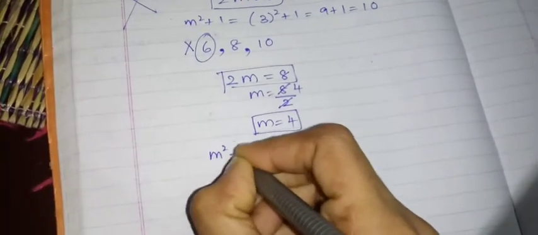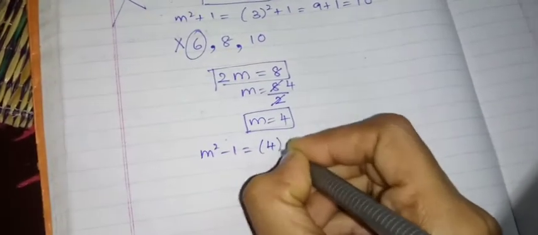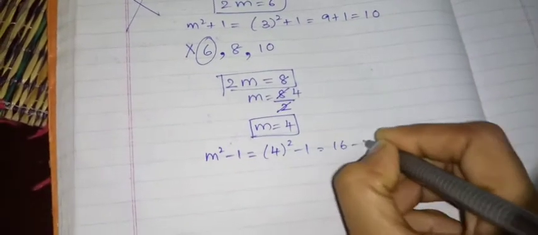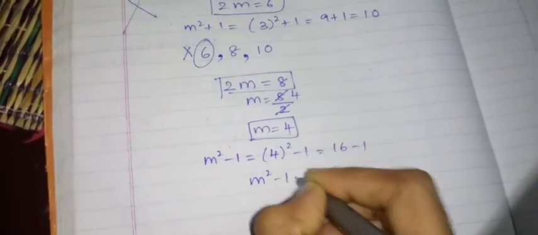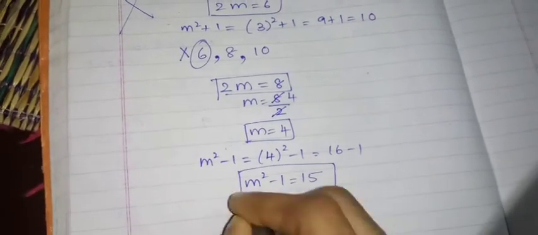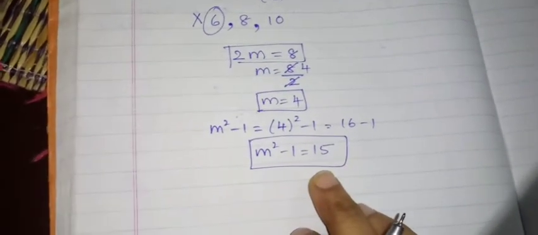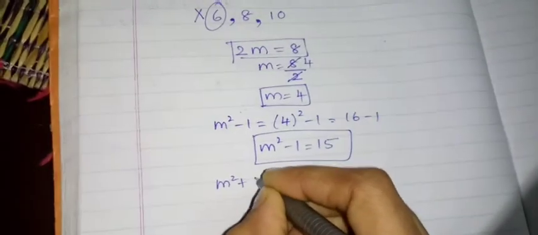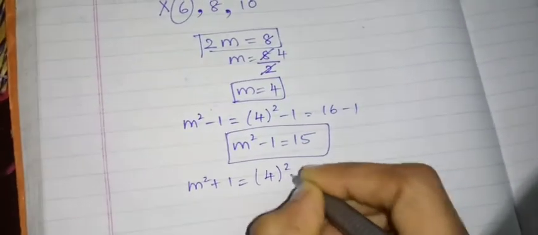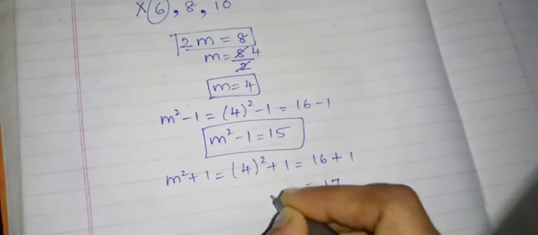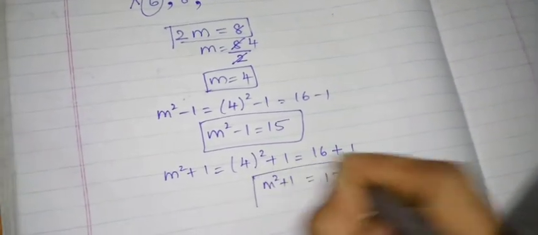Next value, m square minus 1 is 4 square minus 1. 4 fours are 16, minus 1, is 15. Next value we have to find is m square plus 1, which is 4 square plus 1. 4 fours are 16, plus 1, is 17.